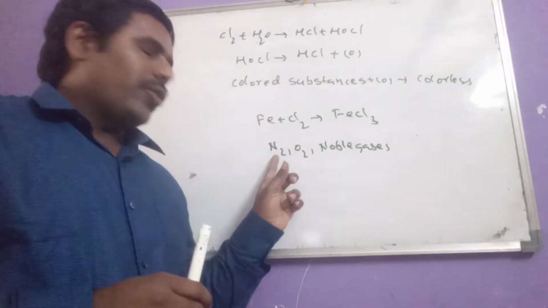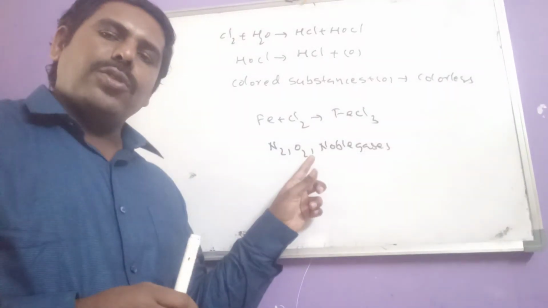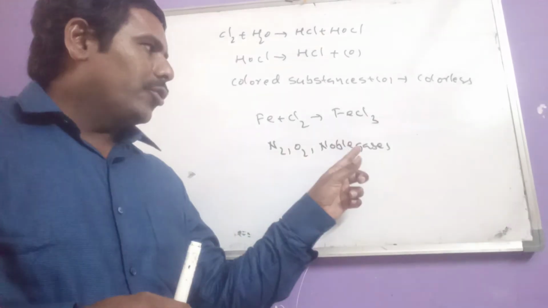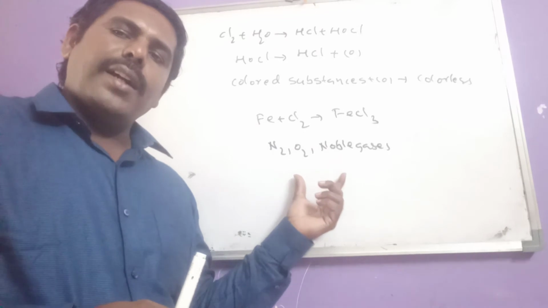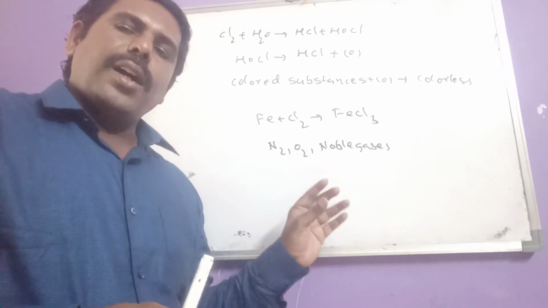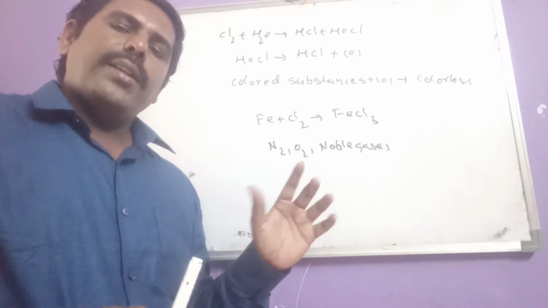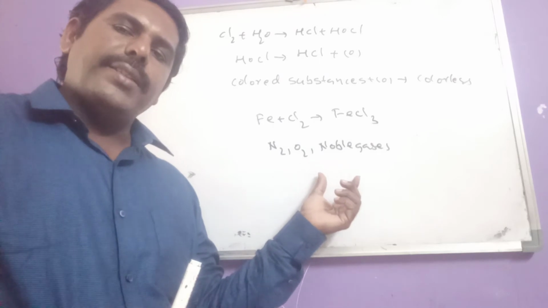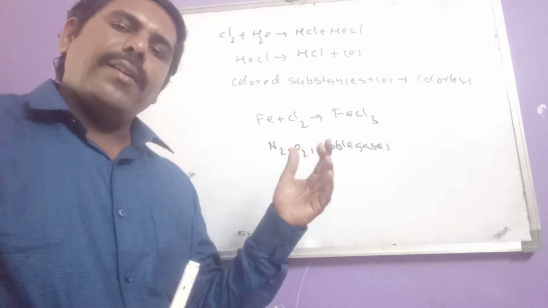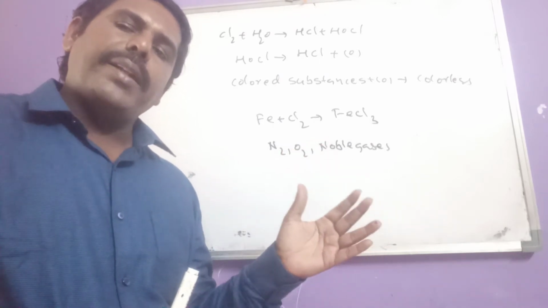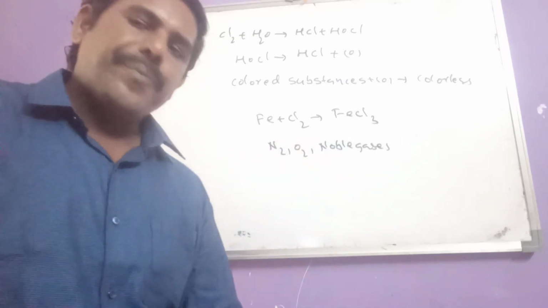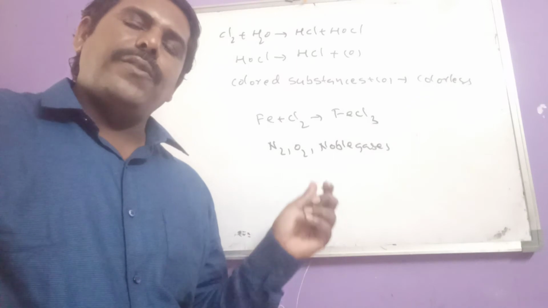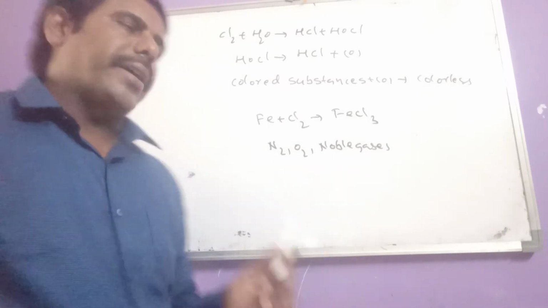Due to the triple bond, the double bond and the inert gas configuration, these three do not react with chlorine. Except for these three, with all the remaining non-metals chlorine will give products. That is the reaction of chlorine with non-metals.